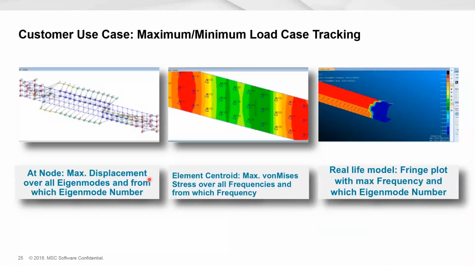And here you see a typical example on the left side. For example, there you have nodal results and you post-process the maximal displacement over all eigenmodes at the node location. And at the node location, you see then even the eigenmode number. So I think this is really a nice tool, especially for aerospace industry.